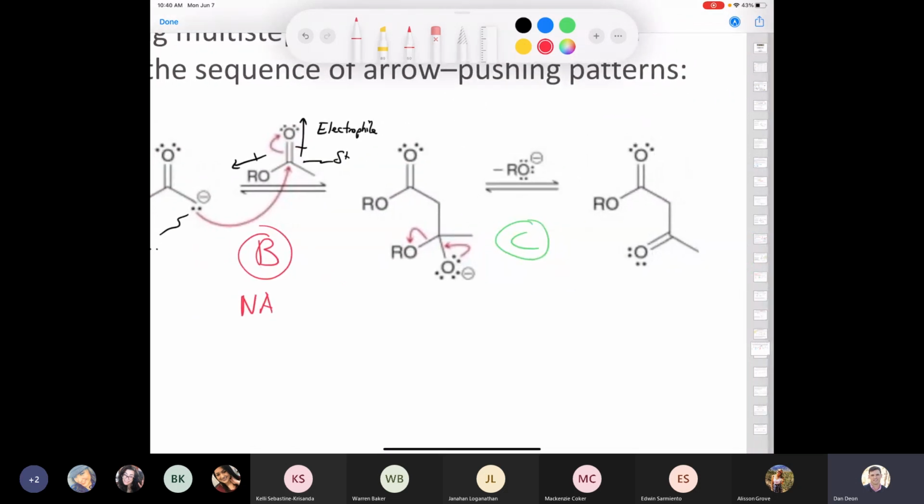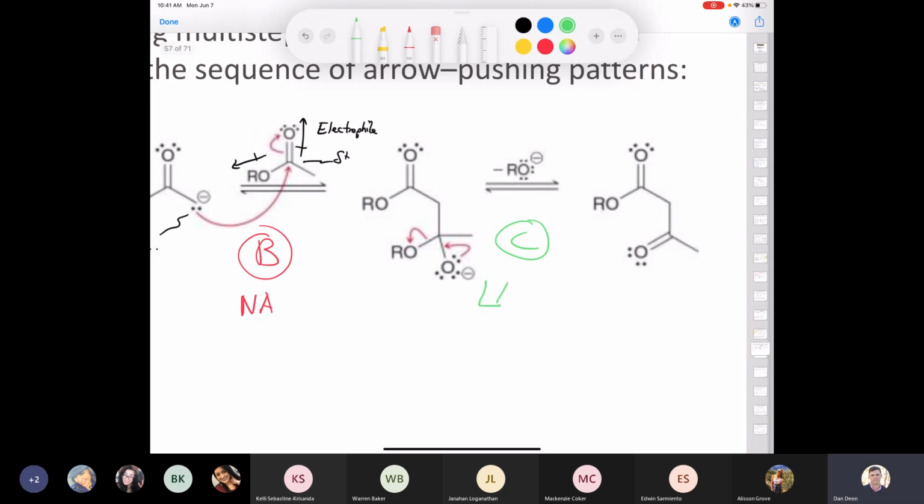And then what's happening in C? We're losing an alkoxide here. Yeah, absolutely, Mackenzie.